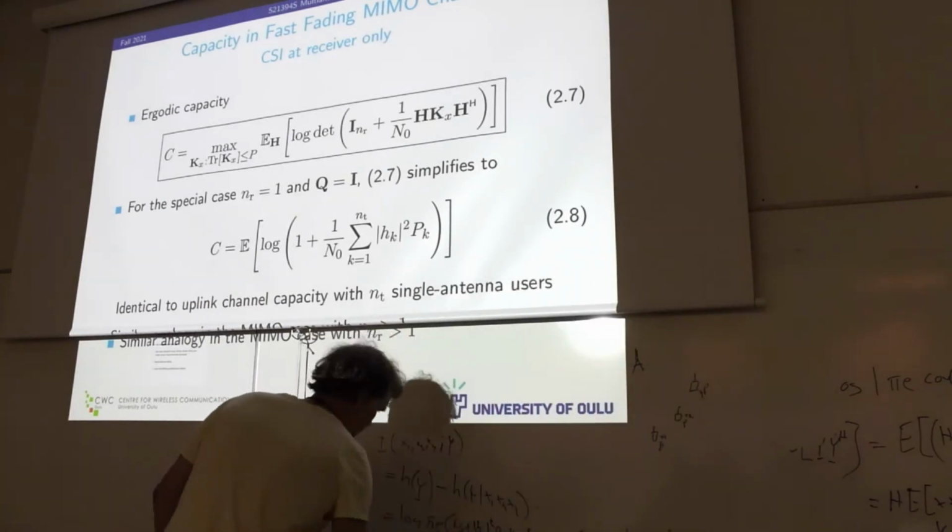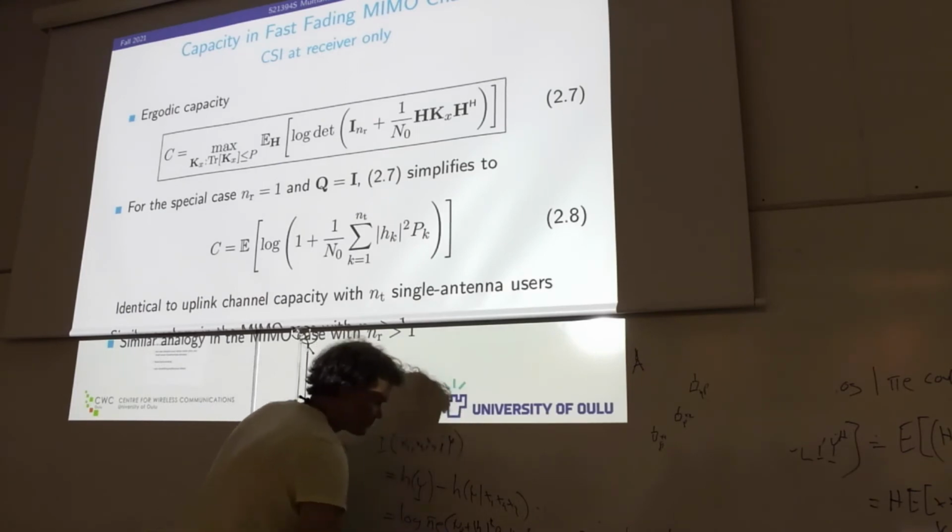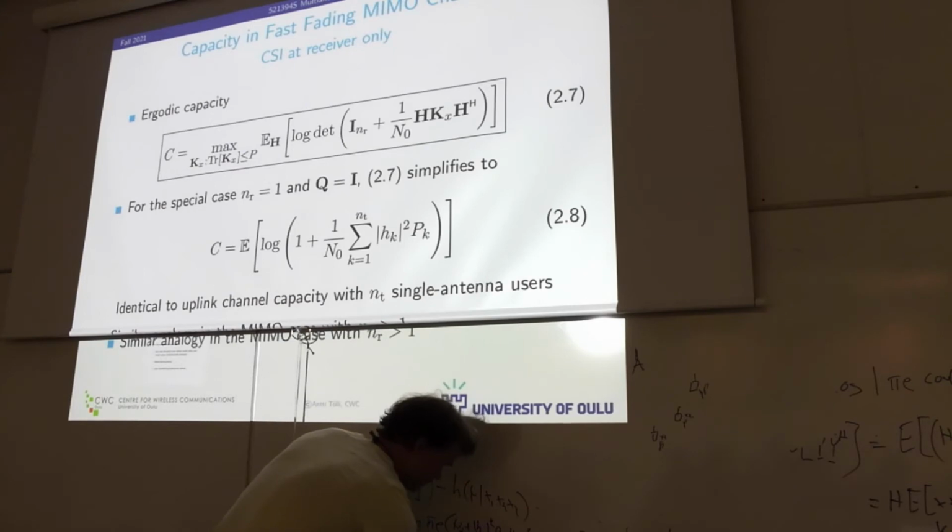In the end you have log of 1 plus the sum of |h_i|^2 P_i over N0.